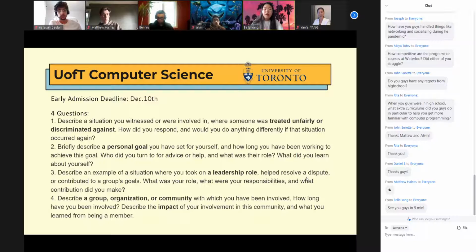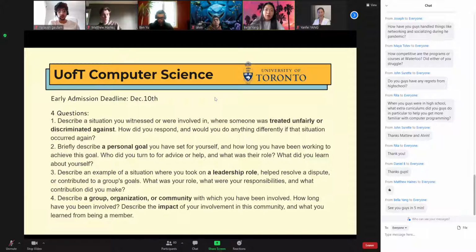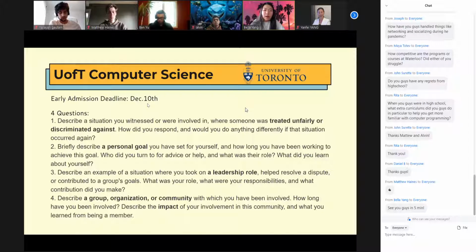Okay, so let's break down into different sections. So for University of Toronto, for computer science, the early admission deadline is December 10th, which means that you will have to finish all the questions before this deadline to be considered in the first round of admission. And the format is a couple of questions.